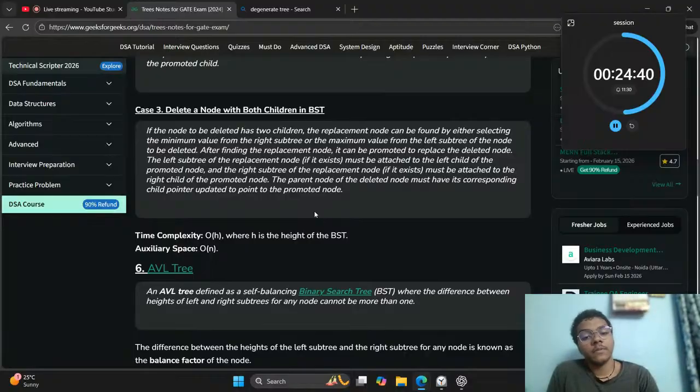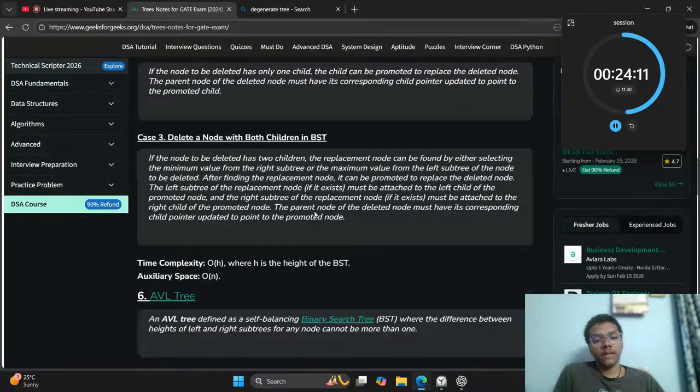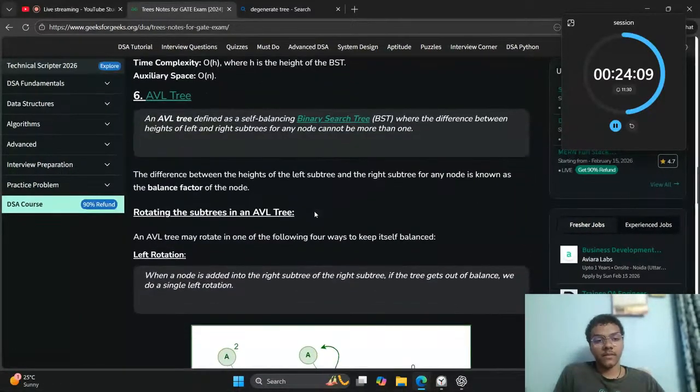The left subtree of the replacement node, if it exists, must be attached to the left child of the promoted node. The right subtree of the replacement node, if it exists, must be attached to the right child of the promoted node. The parent node of the deleted node must have its corresponding child pointer updated to point to the promoted node. Obviously, because we don't want to break the link of the tree, right? Time complexity is O of h. Auxiliary space required is O of n.